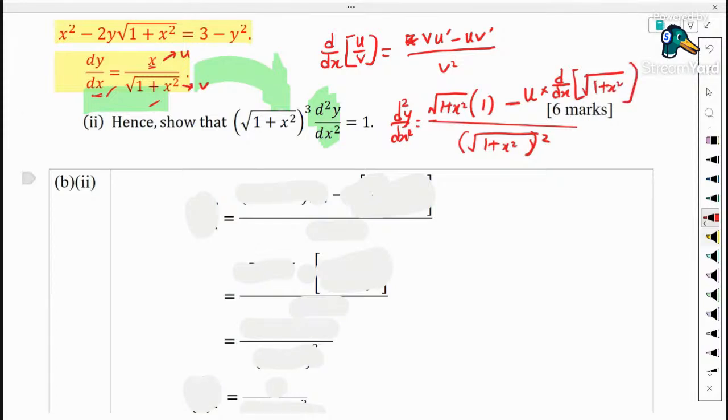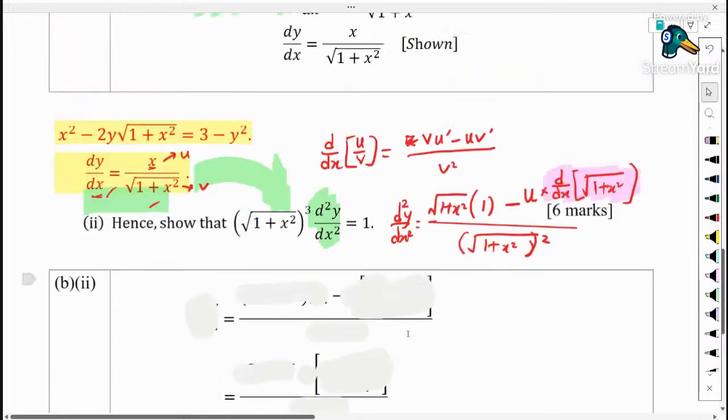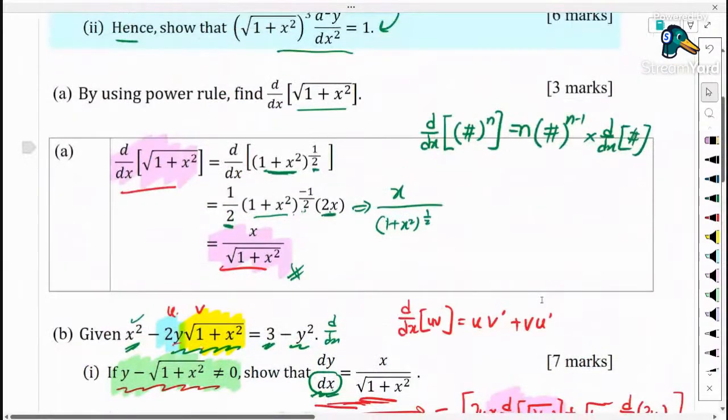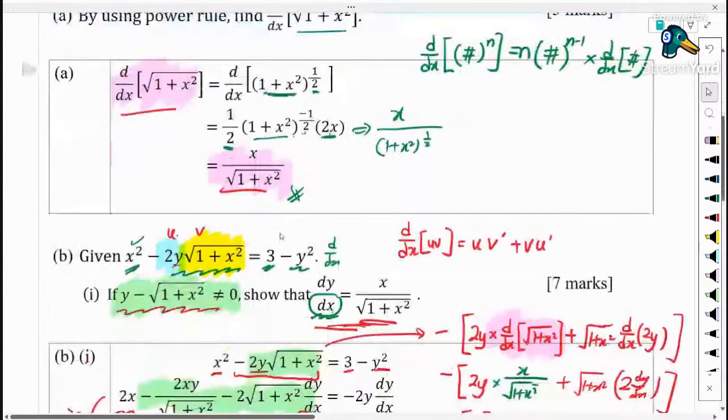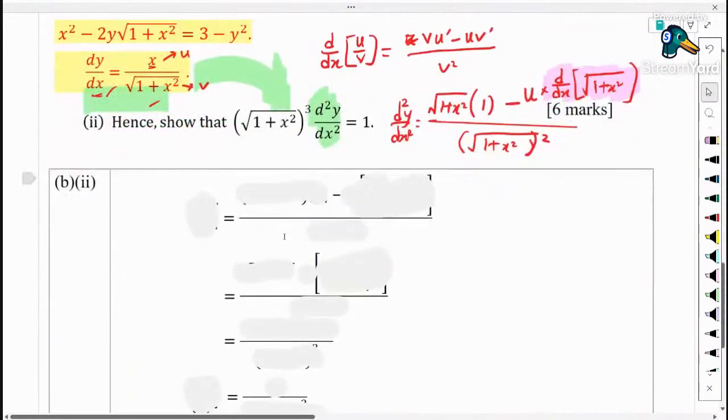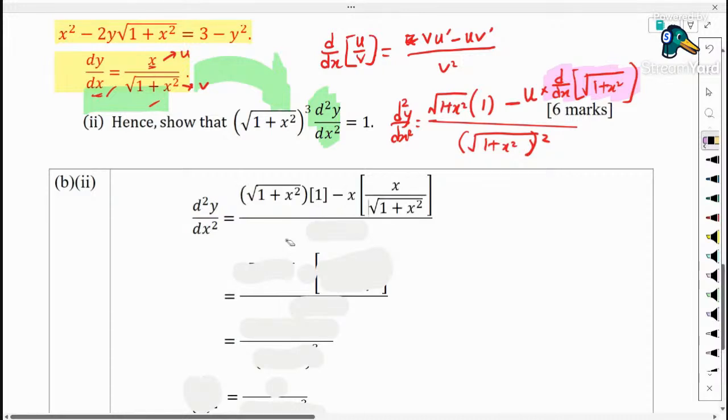And once again, this thing here looks so familiar to us. If you realize, this is actually the result that we have from part A. We just adapt this result here for our further calculations. So therefore, this quotient rule for the differentiation can actually be simplified as the following, where in this highlighted part we just apply the previous result.